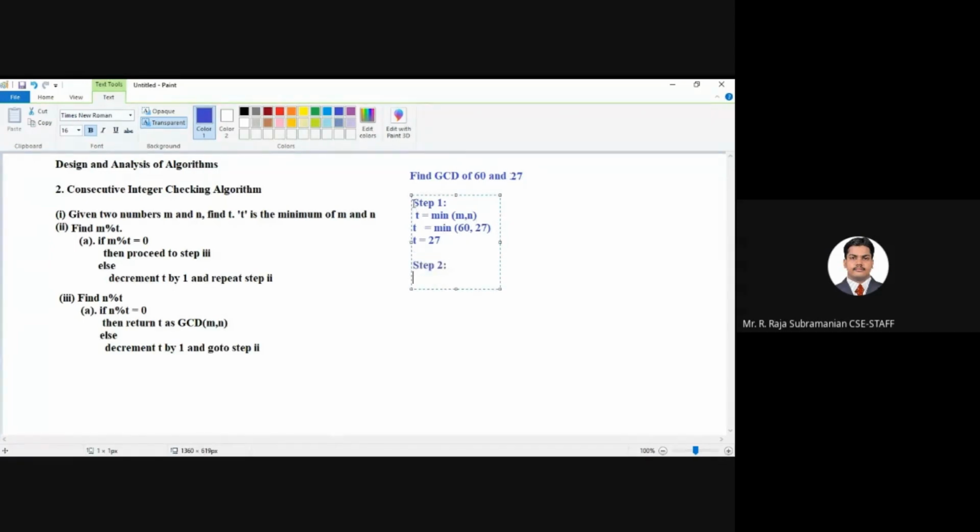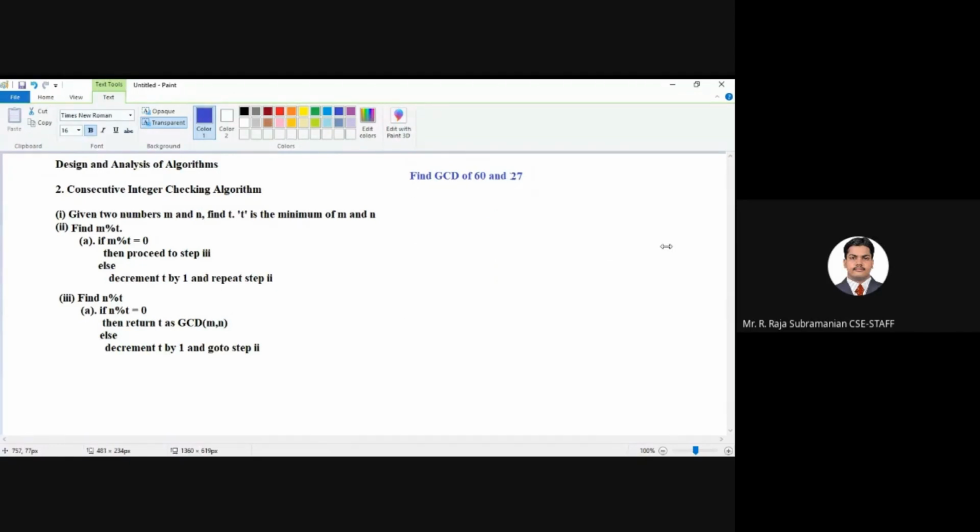Step two says find m mod t. So I take the m value as 60. 60 mod 27, what is the value? The remainder is 6, which is not equal to 0.